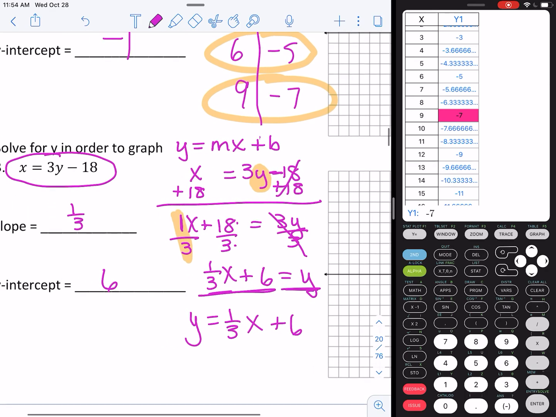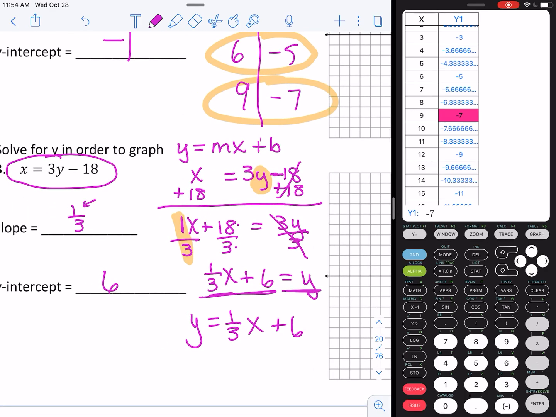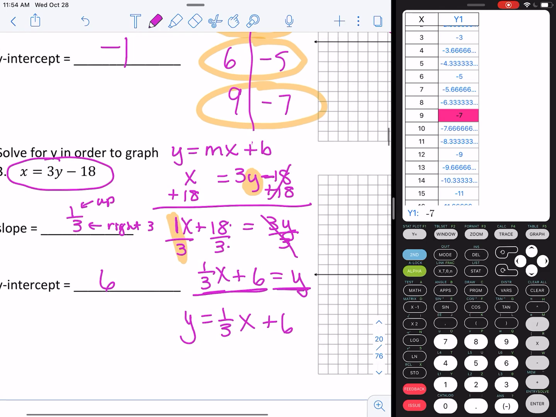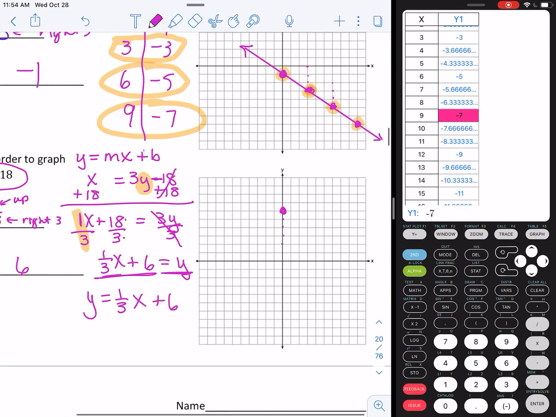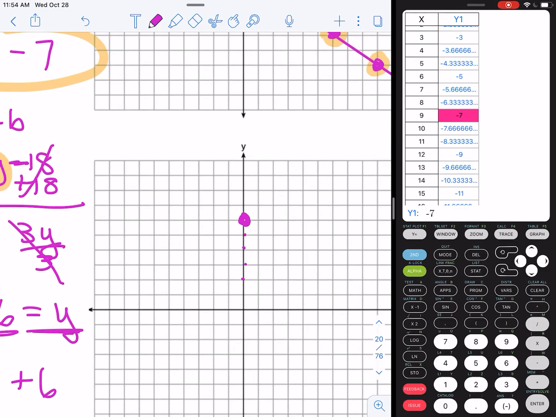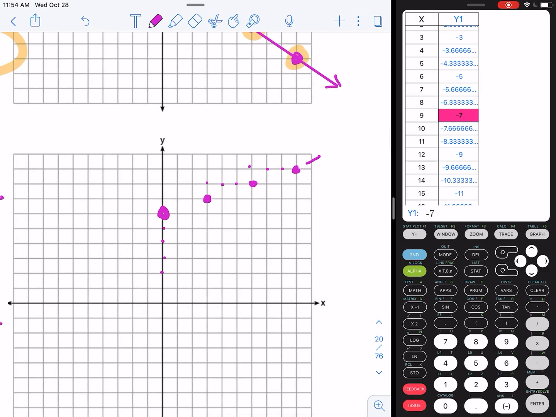And then the slope is 1/3, so you're going up 1 and to the right 3. Okay, so from that 6, up 1, right 3, up 1, right 3, up 1, right 3, and so forth, till you have enough to get a nice straight line.